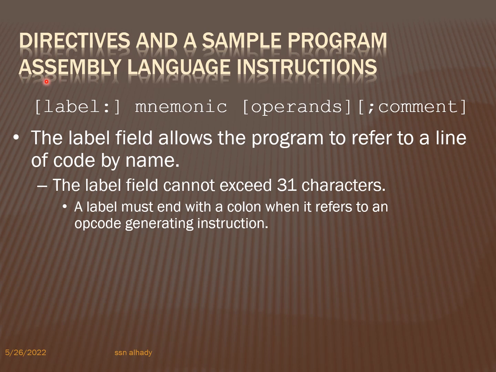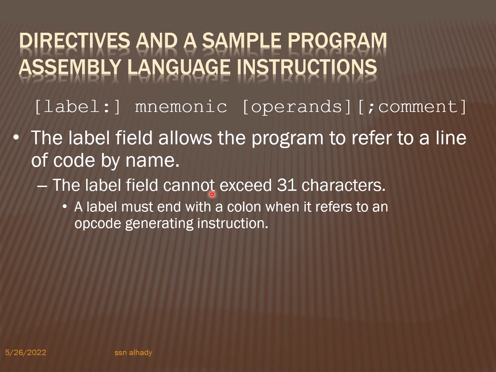Okay, this is an example of the assembly language. The label field allows the program to refer to a line of code by name. Any name for the labels, then you can refer to it later by the name.